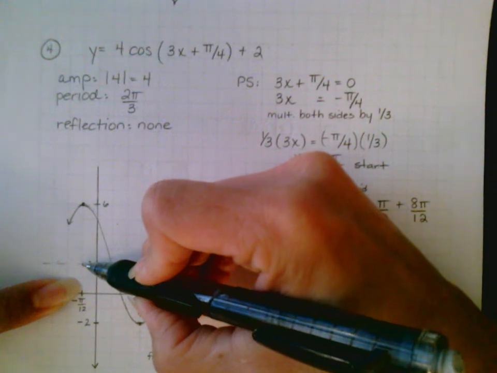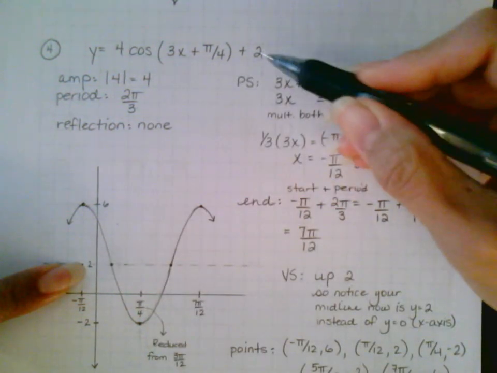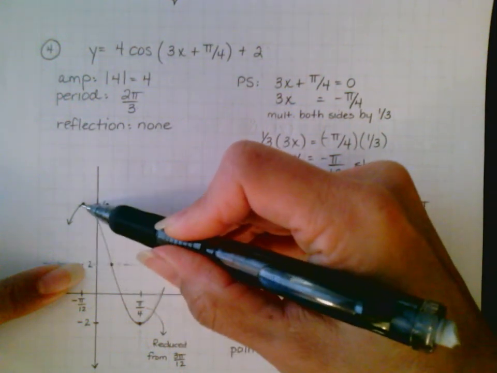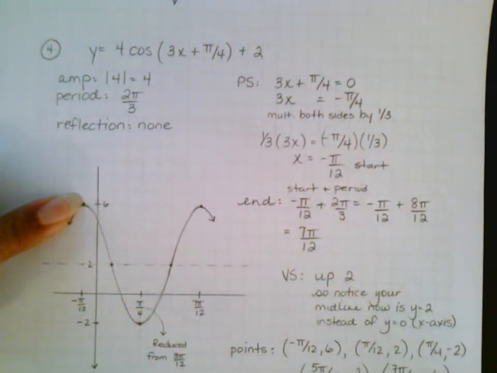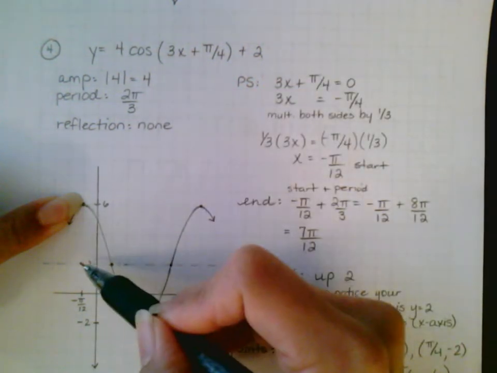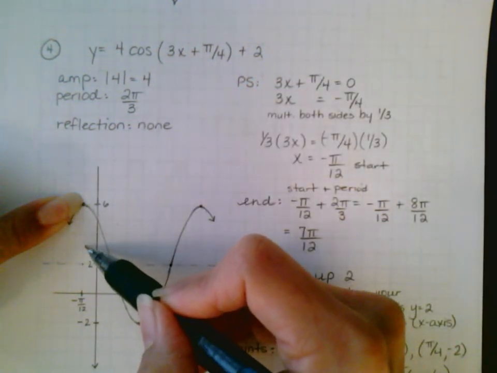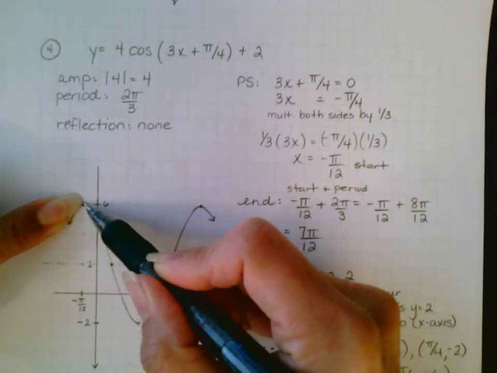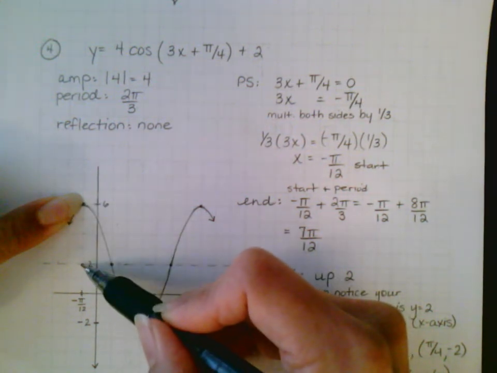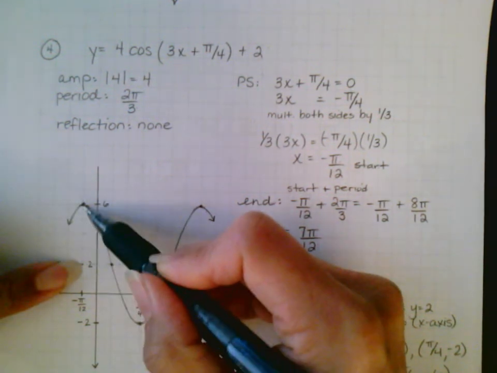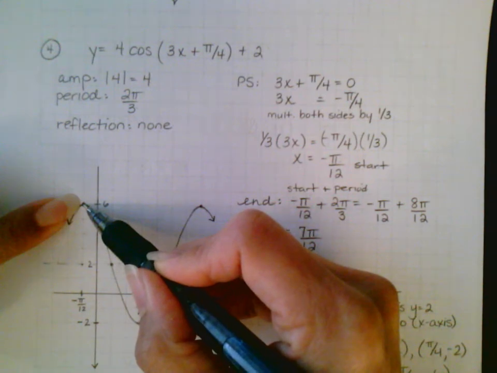So I'm going to go up 2 units. So I'm going to go 1, 2. Because my amp value has to be 4. 1, 2, 3, 4. I did this wrong. Sorry, you're going to go up 2 because of your vertical shift, but your altitude is going to be 4 because of your amp value.